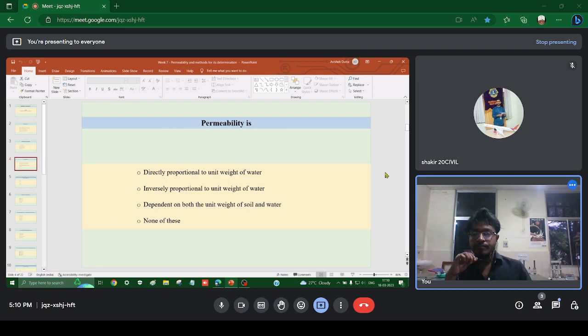Permeability is, the options are directly proportional to unit weight of water, inversely proportional to unit weight of water, dependent on both the unit weight of soil and water, none of these.